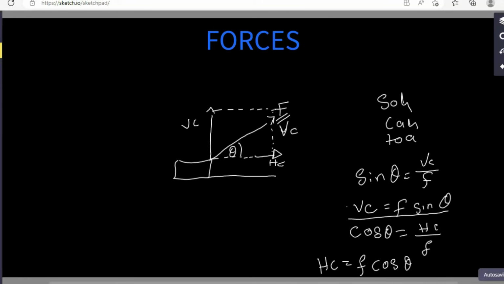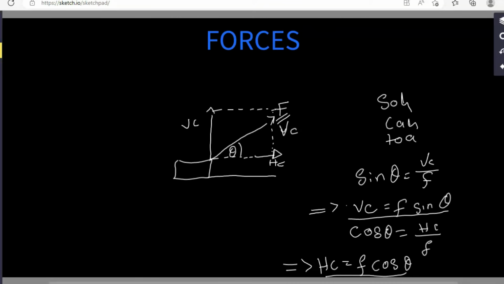So whenever you are given a force at an angle, before performing calculations, you will have to get the horizontal component and the vertical component, and you can use these formulas. Every time you want the vertical component, you can use this formula. Every time you want the horizontal component, you can use this formula.